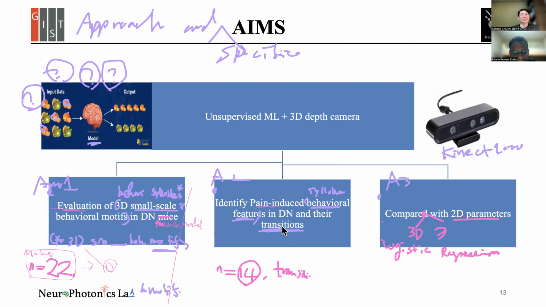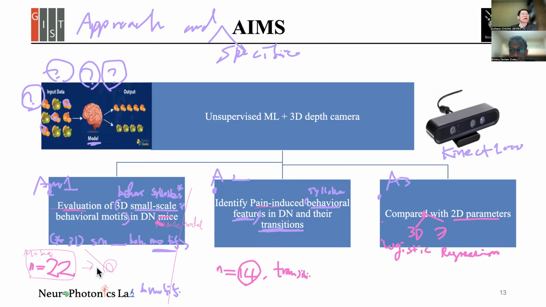want to find pain-induced behavioral features. You want to find out correlation with the von Frey. Actually, this one we can say for correlation, but in the diabetic mice and control mice, and then see their difference in usage of these syllables.